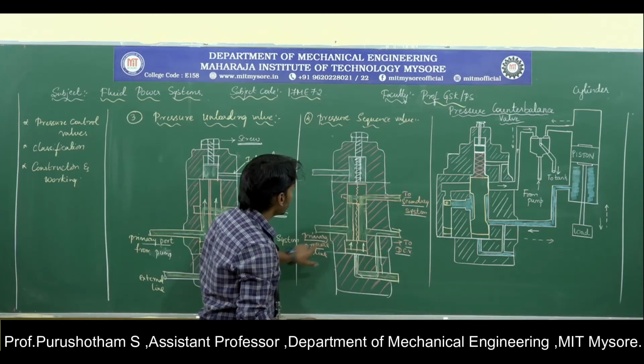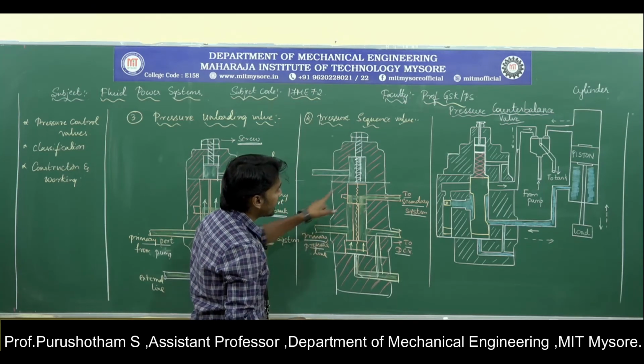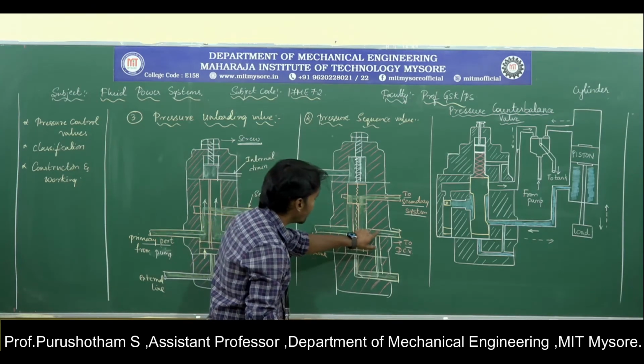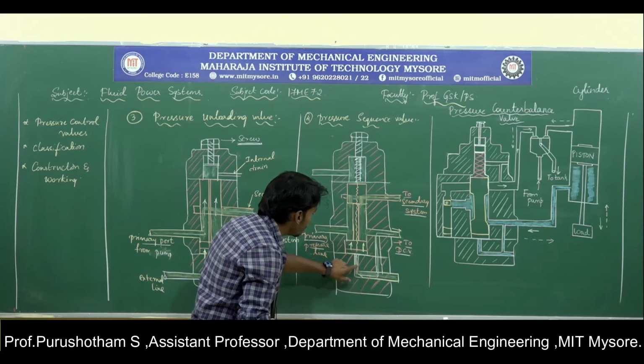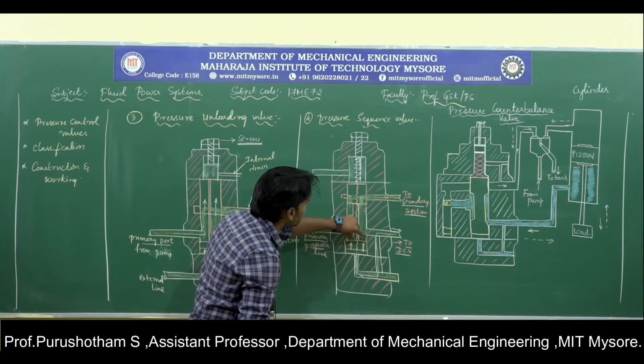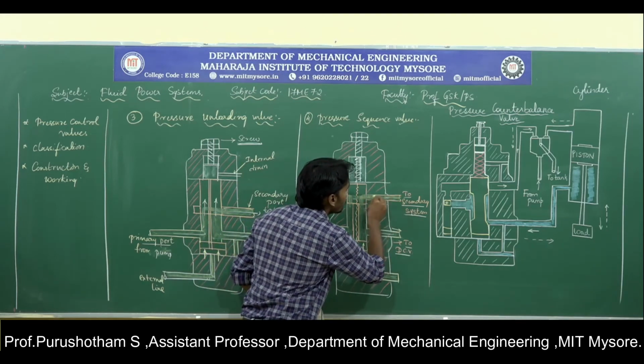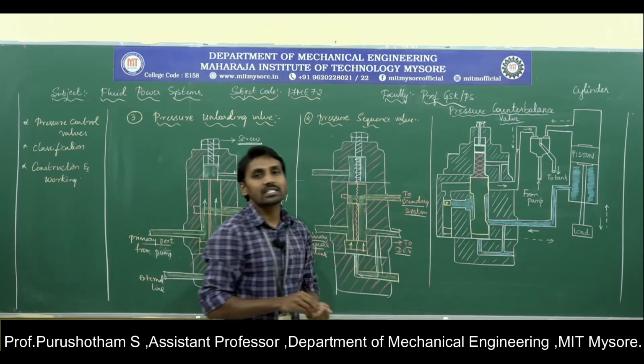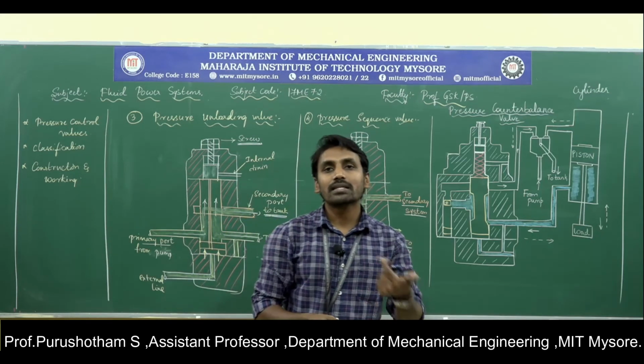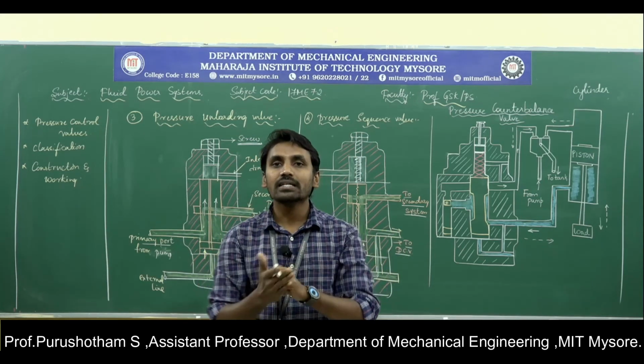That means when the system pressure exceeds the prescribed pressure, the back pressure moves the piston upwards, then spool movement takes place. Then the fluid is transferred to the secondary system. That secondary system, that means the second operation, is to bend the sheet metal.